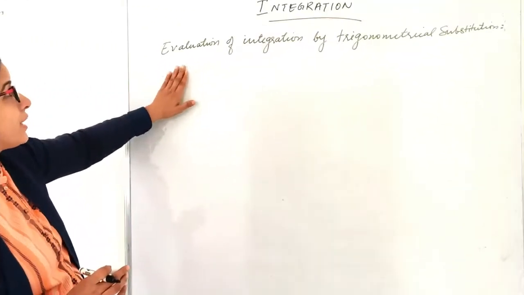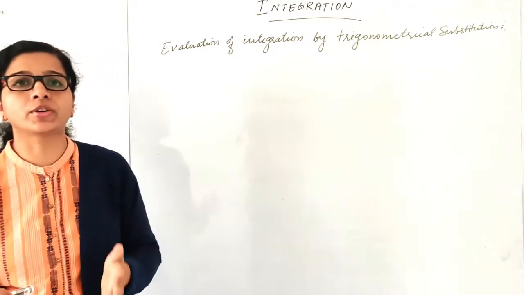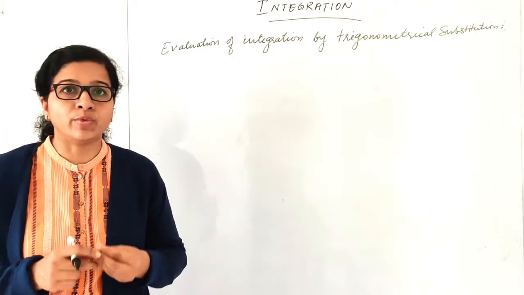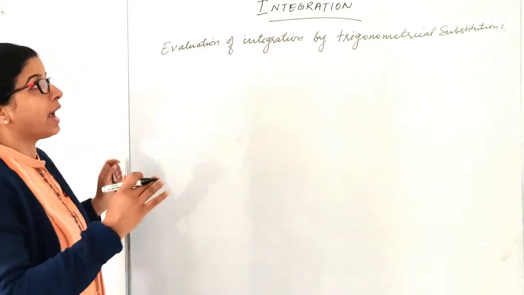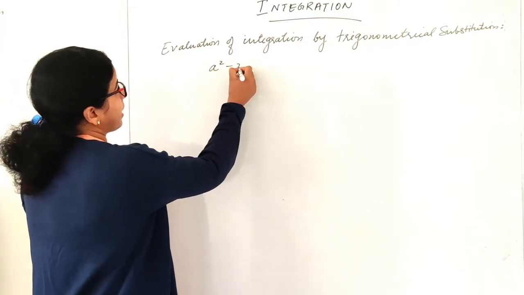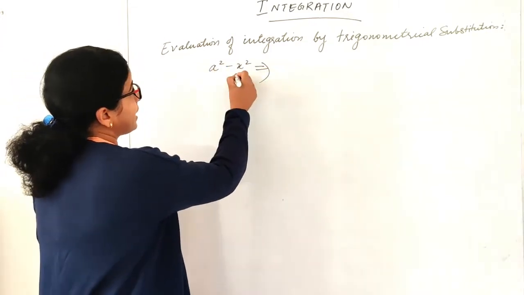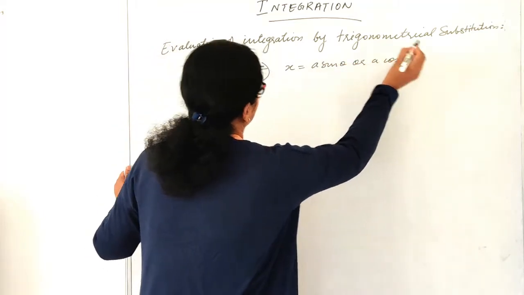Okay, let us check evaluation of integration by trigonometrical substitution. We have been doing trigonometrical substitution in inverse trig, in differentiation. Now let us check in integration part, right? And the substitution remains the same. So if I have a square minus x square, it means I can substitute a sine theta or a cos theta, right?